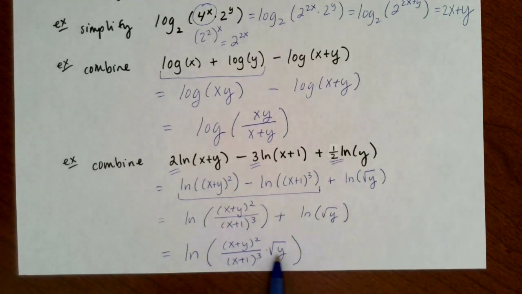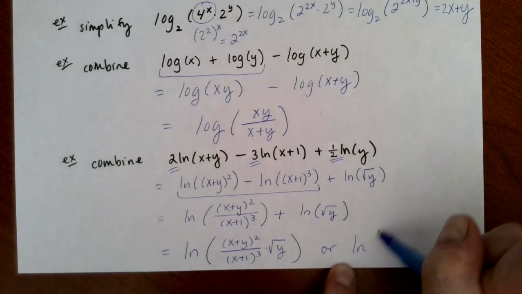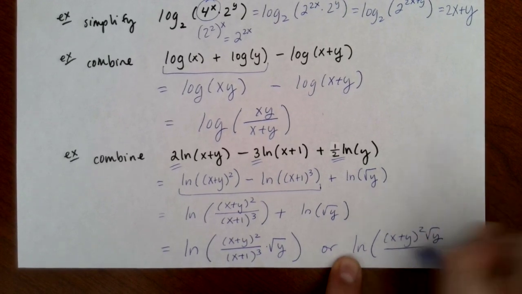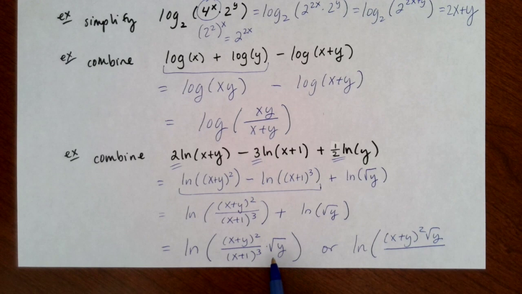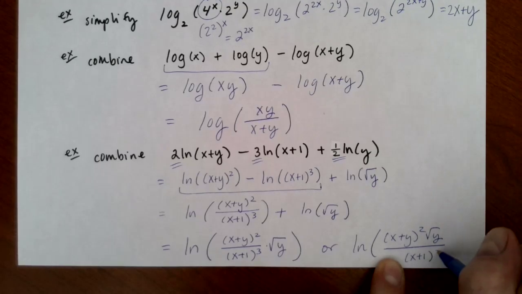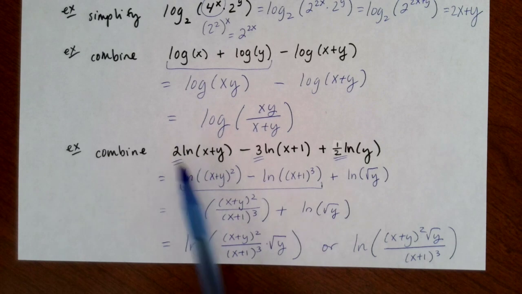You could also put the square root of y as part of the numerator. Either way, it's going to be correct, because if it's on its own outside here, it's really over 1. So it's part of the upstairs and not the downstairs. All right, so either one of these is a perfectly good final answer because I've combined all of this into ln of a single bunch of things.